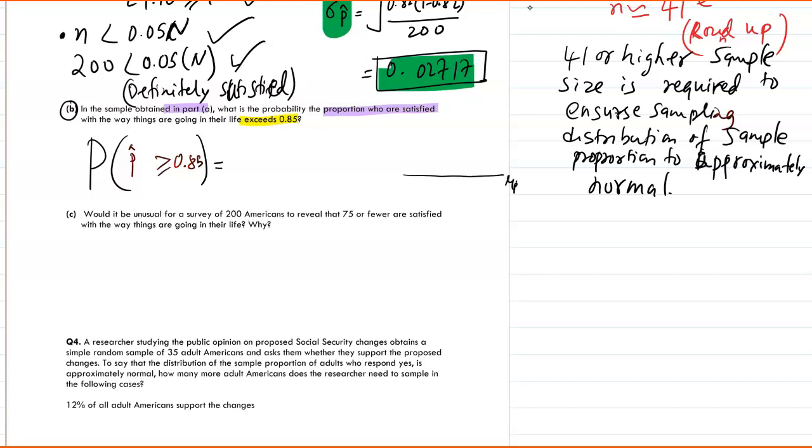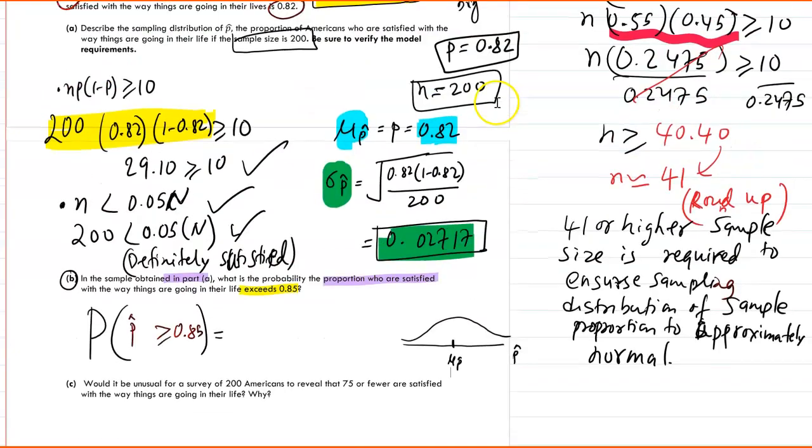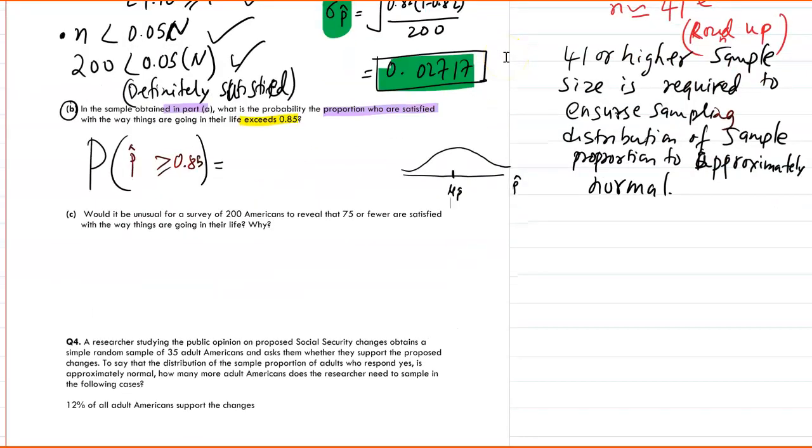This picture looks like this. It's mu p hat. Oh, sorry, the line is p hat, and this is mu p hat, whose value is 0.82. Let me write down 0.82 here, but 0.85 is somewhere here, and I'm looking for this area pretty much.